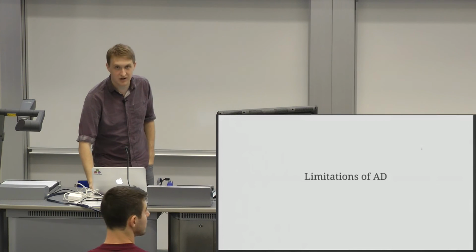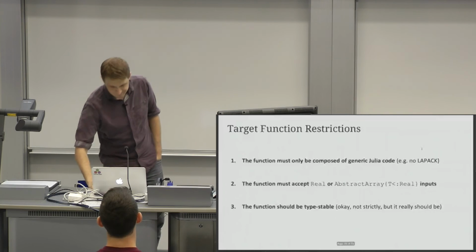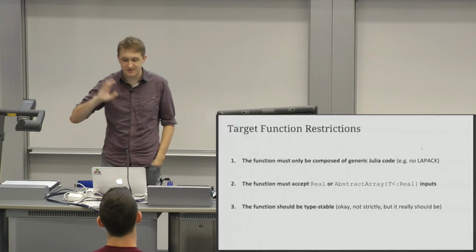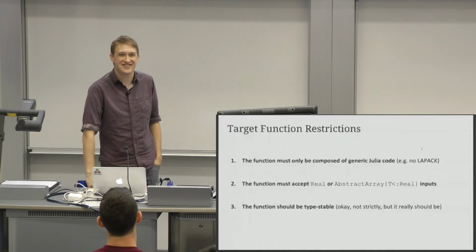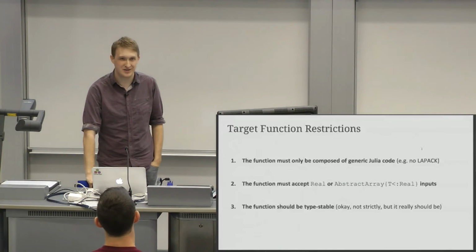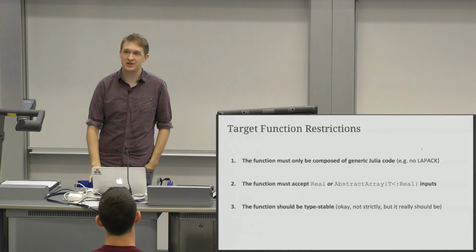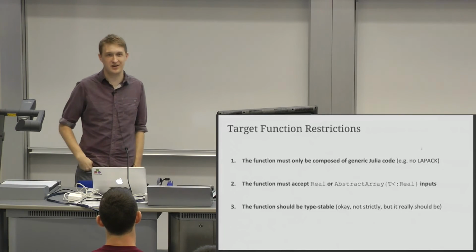Sounds good. So there are some limitations to native AD in Julia, and they're fairly easy to remember. I can't inject any dual numbers or any fancy scalar types into code that's not Julia code. So if you're doing something like using LAPACK directly or calling out to a C library, I can't differentiate it, unfortunately.